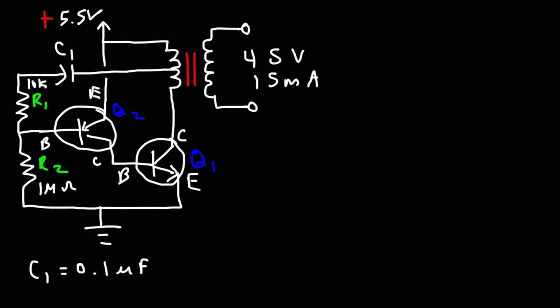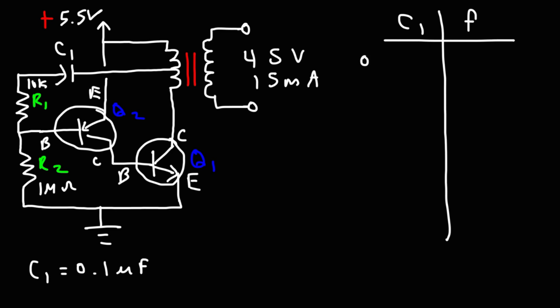Now let's talk about the relationship between the capacitance and the frequency. At a capacitance of 0.05 microfarads, which I got by connecting two of these capacitors in series, the frequency was 63.2 hertz.